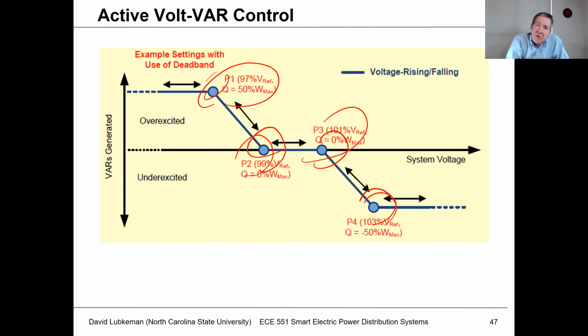And the slope would be a function of the system impedance. So anyway, as far as this, we'll look at that in part 3 of the project. We'll look at whether we can adjust this volt-var control on the inverter to counteract the flicker that's caused by the cloud cover.